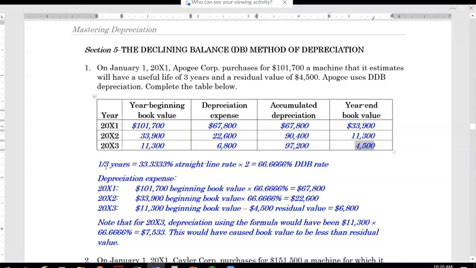The way your book says, it says 1 divided by 3. Maybe you don't remember that. And the way I remember is always like this. I say 100% of my equipment divided by useful life of 3 years.